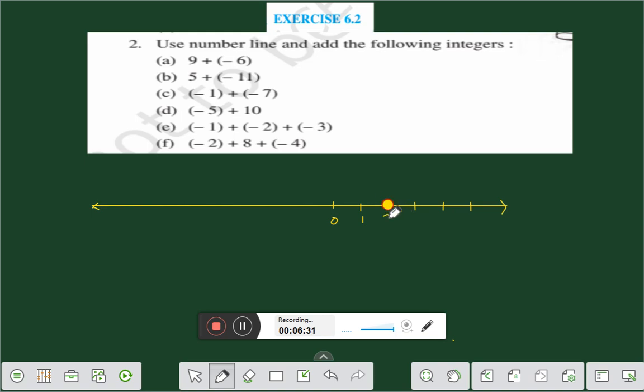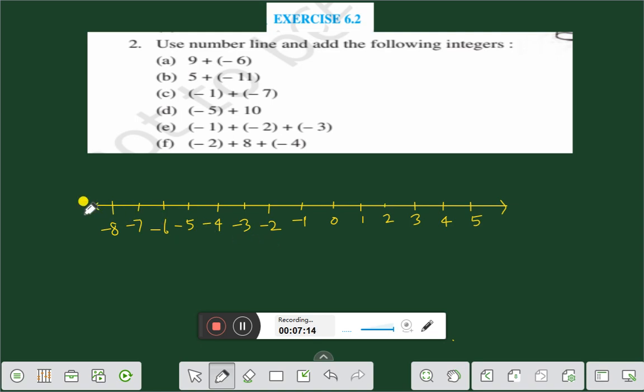And this is minus 1, minus 2, minus 3, minus 4, minus 5, minus 6, minus 7, minus 8.